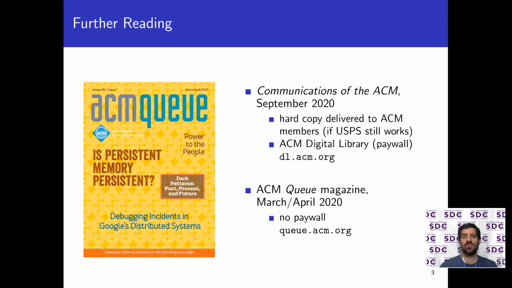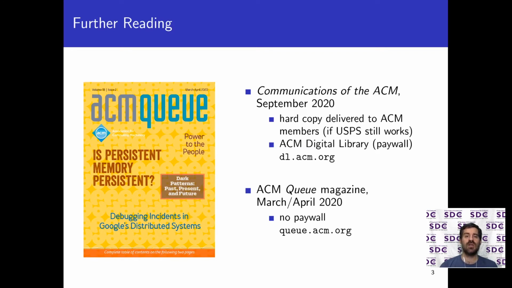The companion to this talk is an article available from two sources. If you are an ACM member, you should have recently received the latest Communications of the ACM by postal mail, assuming that the US Postal Service still exists. If not, you can get the CACM article from the ACM Digital Library.